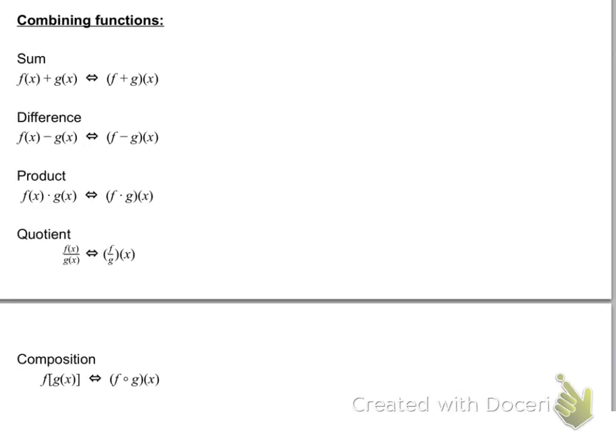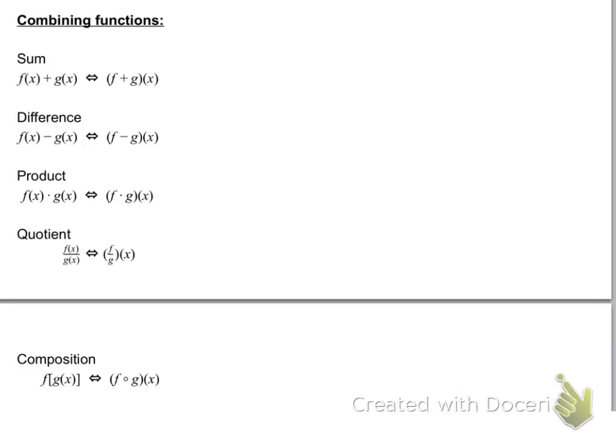That's fine. Most of us are going to be okay with the fact that I can add and subtract functions. And remember, functions here can be made up of x's. So x squared plus 3x plus 2 is a function, and I can add that to x plus 3. I just combine like terms and I'm good to go.